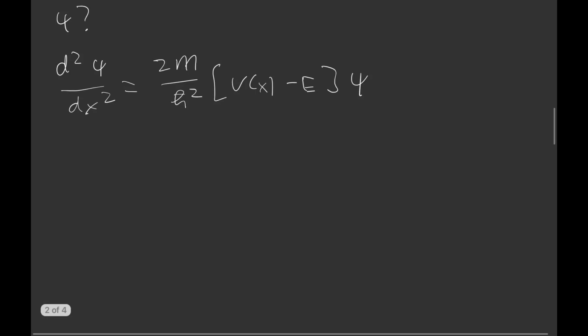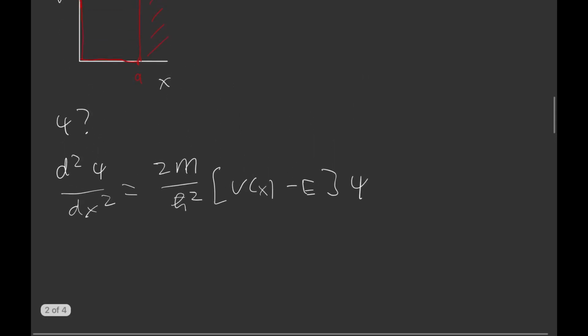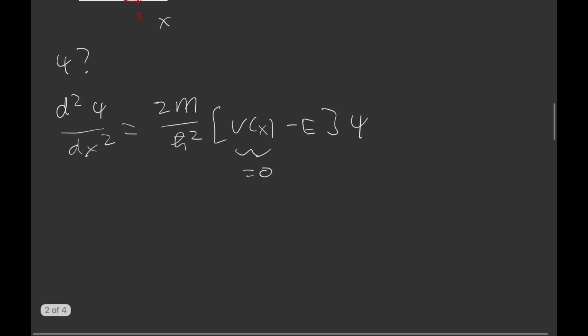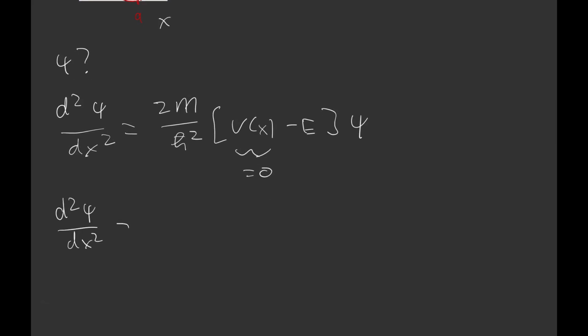Of course, if we are inside the square well, we see that the magnitude of our potential is 0. Therefore, this is 0. So we are only left with the following differential equation. Minus 2m over h bar squared times E psi, where the minus comes from the fact that we have it all here already.